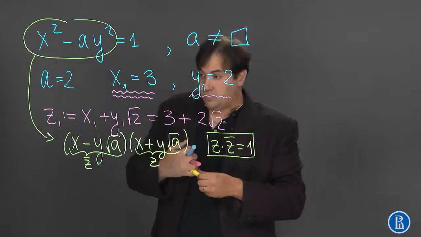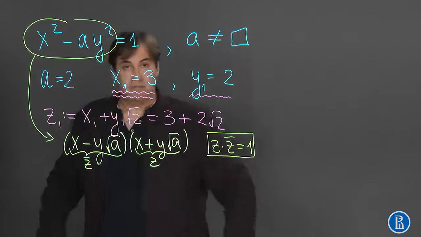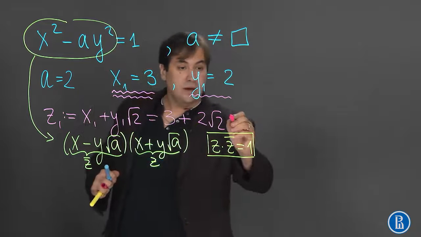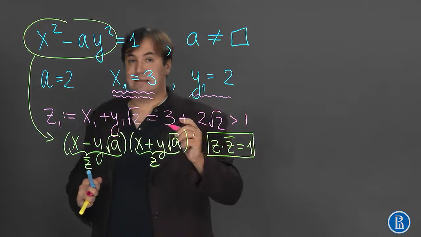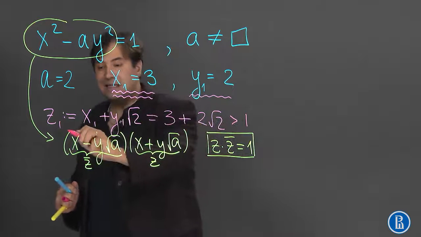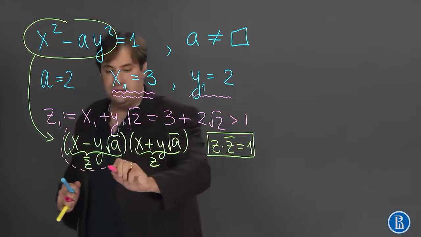Well, we have z1. And z1, being greater than 1, is the least solution of the Pell's equation, in this kind of sense.